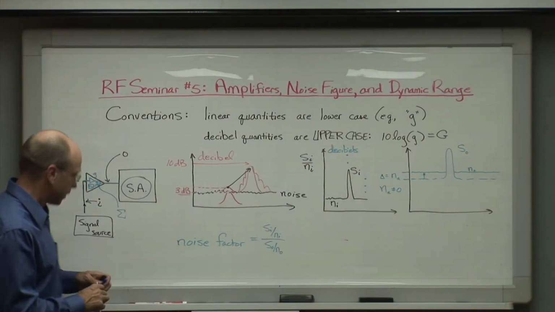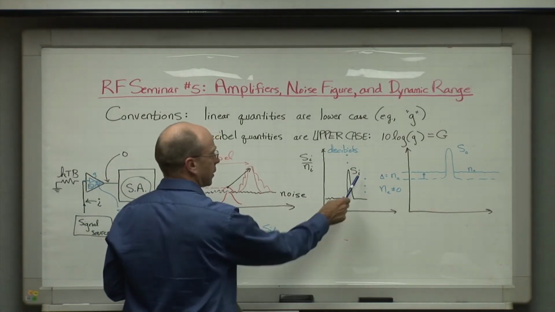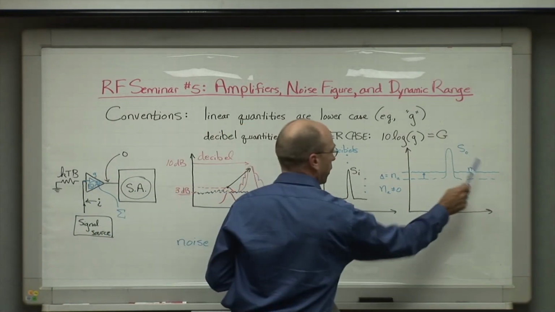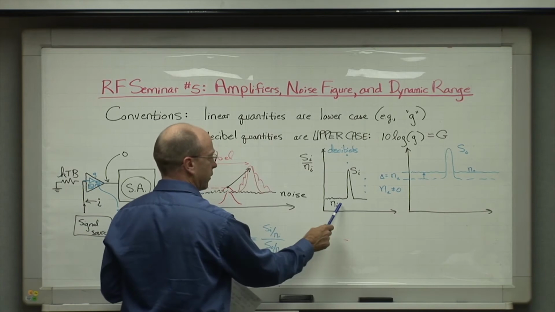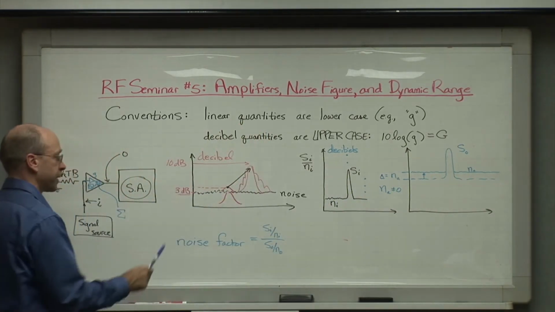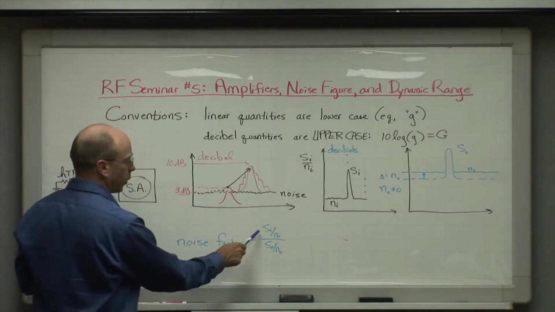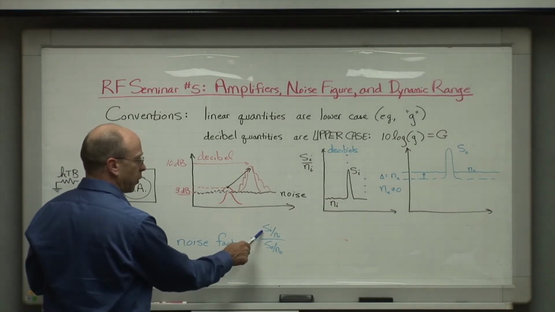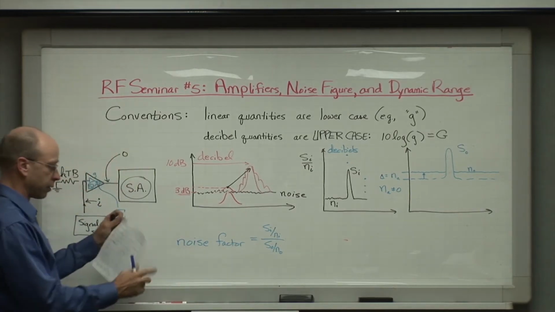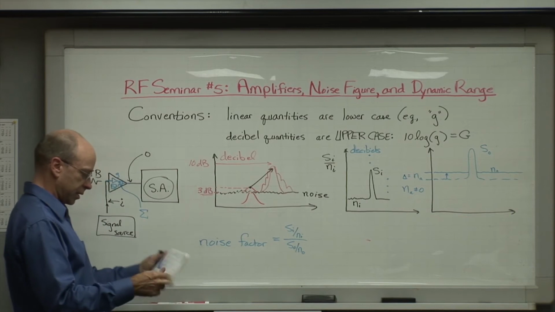Okay, so to continue, these quantities, SI and NI, signal in, signal out, where noise out is the amplified level of signal in plus a little additional noise added, hopefully a little additional noise added, can be put into a mathematical term, noise factor, which is the input signal to noise ratio over the output signal to noise ratio. And of course, the way that I've written this is linear.